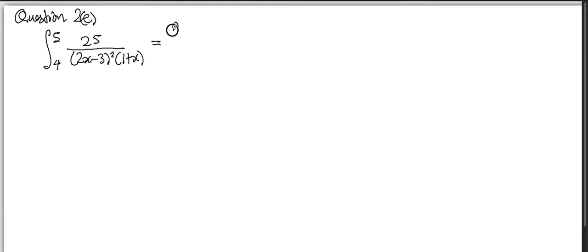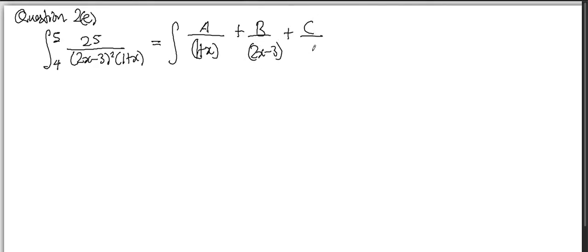This is the same as integrating A over 1 plus x, which is the easiest one, and then plus B over 2x minus 3, followed by the third factor, C over 2x minus 3 squared.